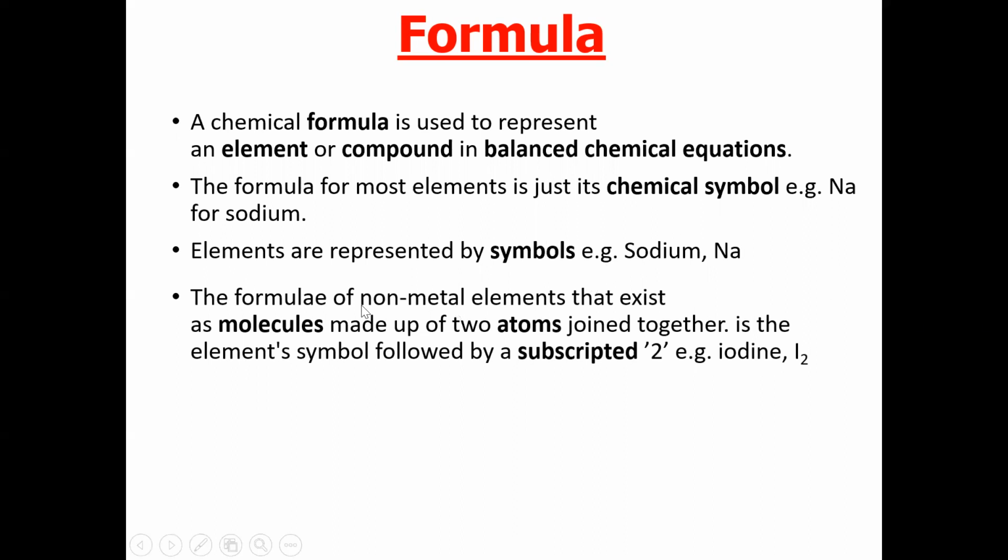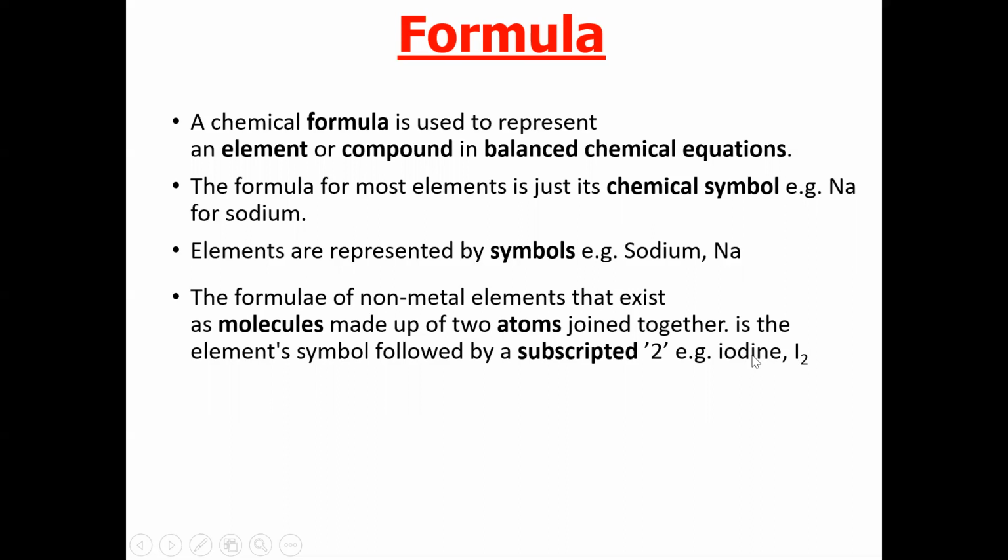For example, if we take some non-metal elements that exist as molecules, for example iodine or chlorine or bromine or oxygen or hydrogen, we know that all of those elements actually go around in pairs. To show that it's going around in pairs, we give a subscripted 2 after the symbol.